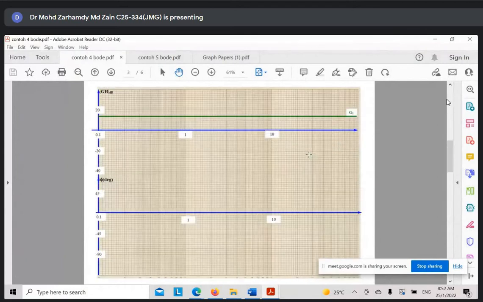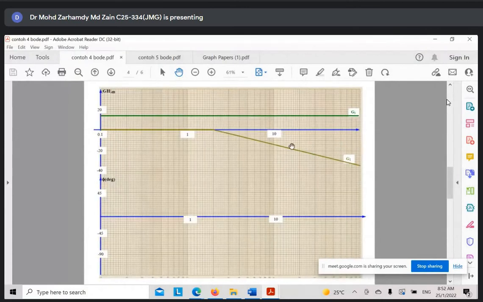So jadi kita dah dapat dah 2. Dia memang akan cross dekat 20. Dia cross dekat 20. Maksudnya dia macam ni. Kecuraman ni apa-apa semua sistem, all the system are related to our control. By sketching on the board diagram, the gradient negative 20.